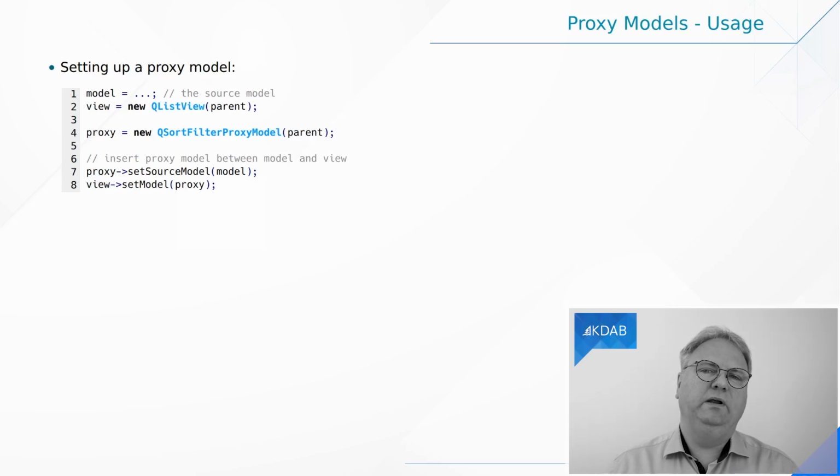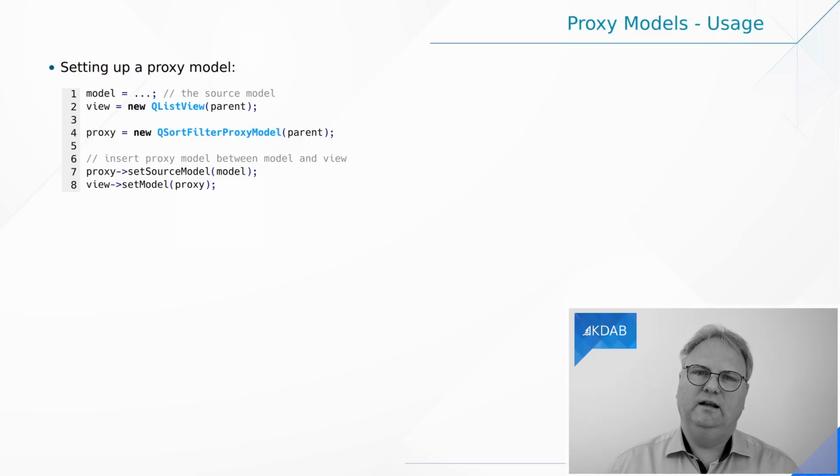Likely, but it could be a proxy model that is swapping columns to be rows and rows to be columns, a transposing proxy model. In that case, it would not go and ask for number of rows. It would actually go and ask for number of columns. So what the proxy model does in response to the view depends entirely on what the proxy model is all about.